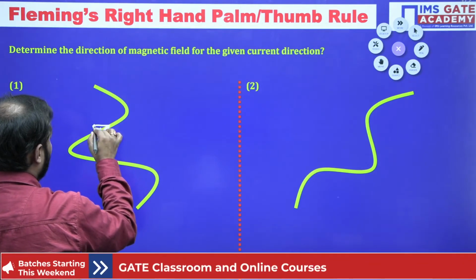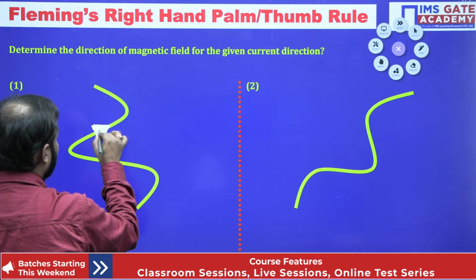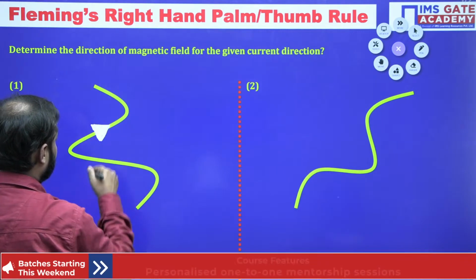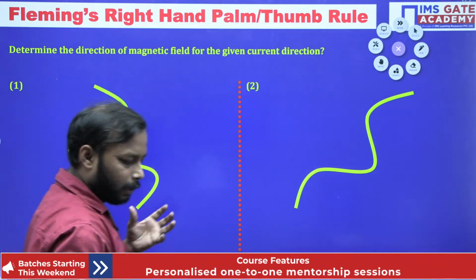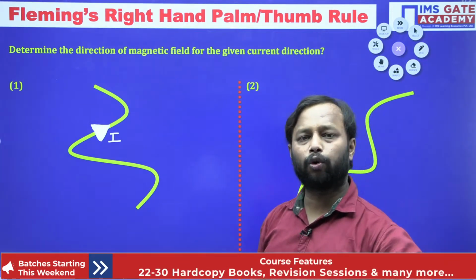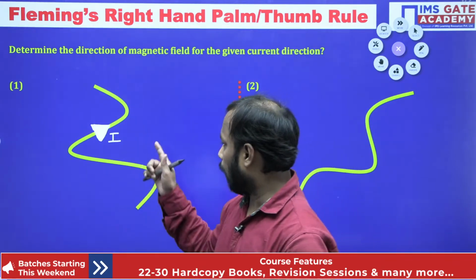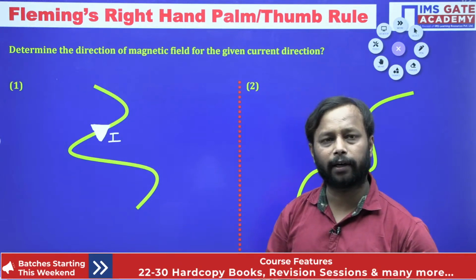The yellow one is the conductor, and in the conductor we have current flowing. Since whenever a current is flowing it will generate a magnetic field, how are we going to find the direction of magnetic field? By using the Fleming right hand palm rule.